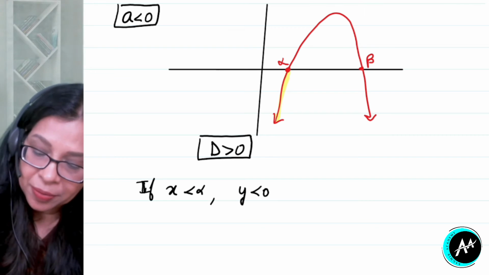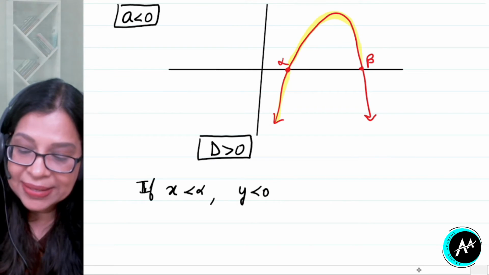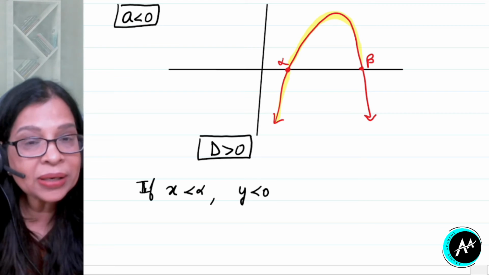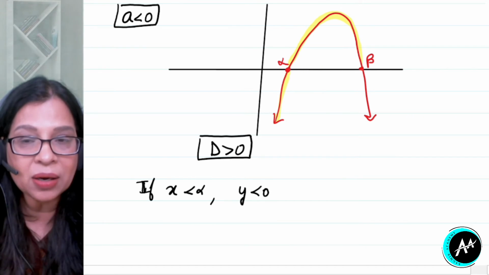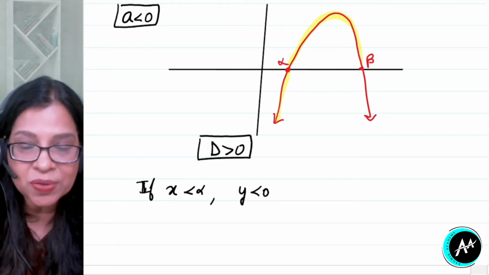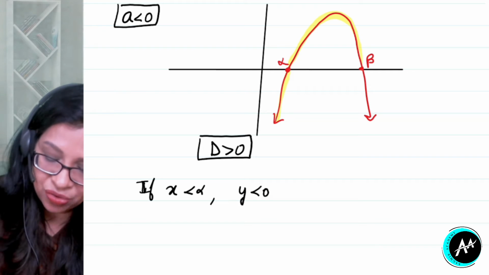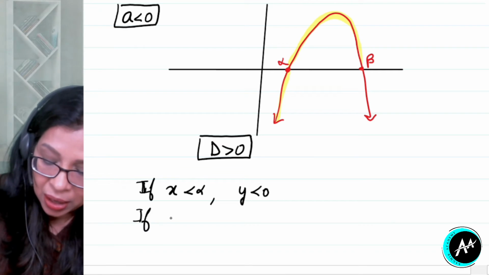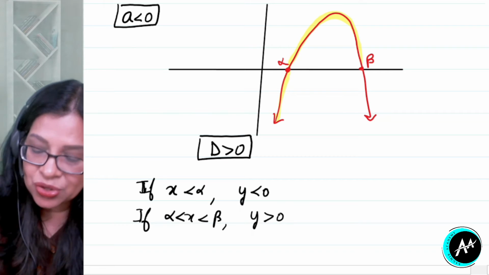Now look at this part of the graph. It is above x-axis, isn't it? Now what are the values that x is taking for these points? Between alpha, beta. So when x is between alpha, beta, y will be positive because graph is above x-axis. So let's write, if alpha is less than x is less than beta, then y is positive.